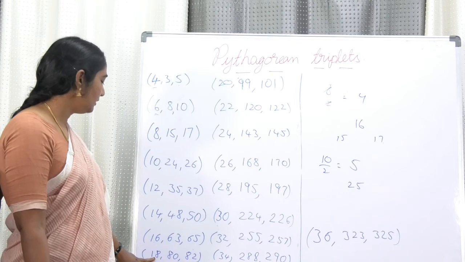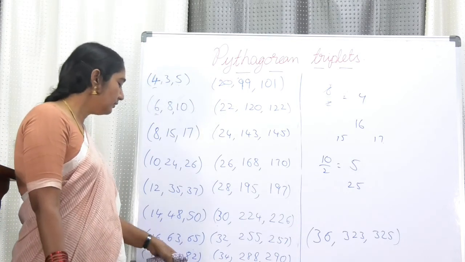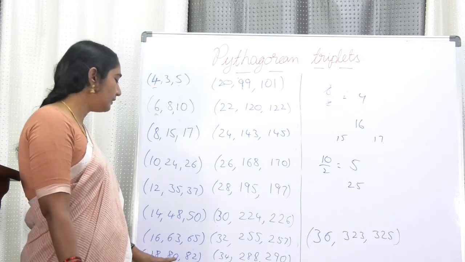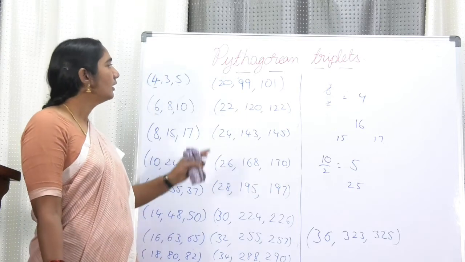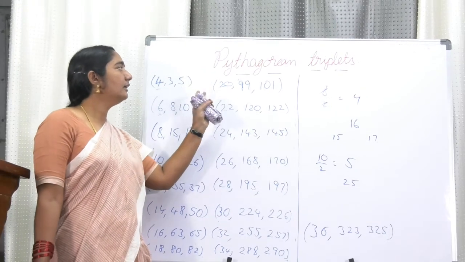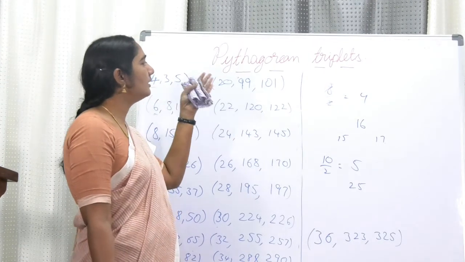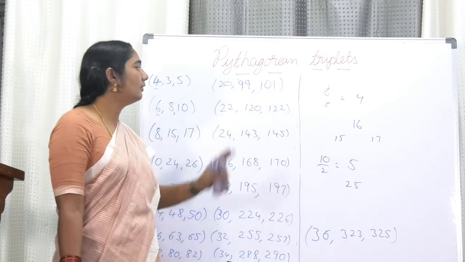Similarly, 18 divided by 2 is 9. 9 square is 81. So this side is 80 and that side is 82. Similarly, 20 divided by 2 is 10. 10 square is 100. One number this side and one number that side, that is 99 and 101.